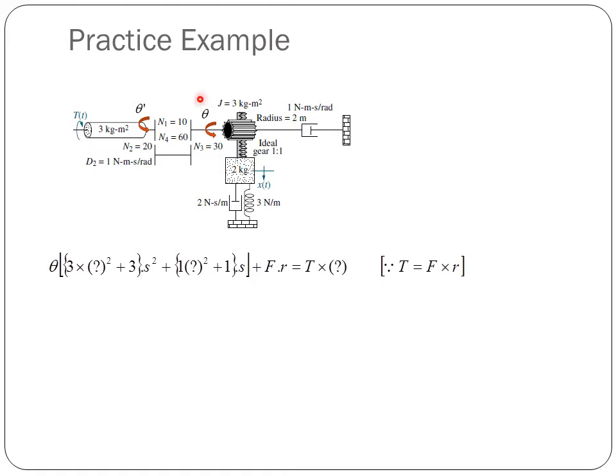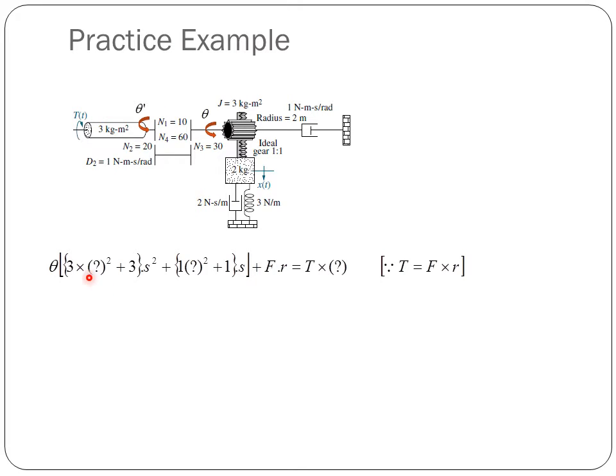If we write the equation based on theta, we need to include all the impedances here. So what are the impedances? First of all, there is the inertia, the weight of this heavy gear, which is 3 kg meter square. So we have to include this 3 here, but we also need to transfer this 3 from the left side of the gear to the right side.